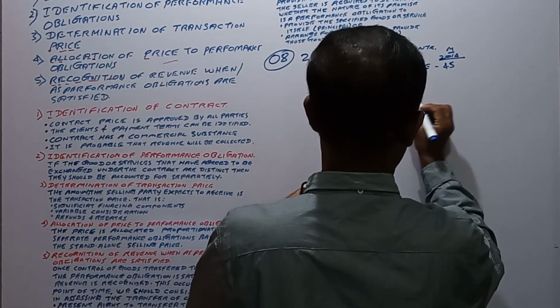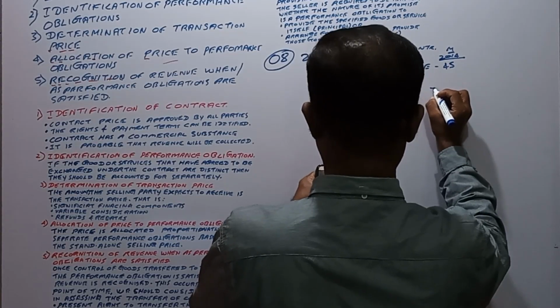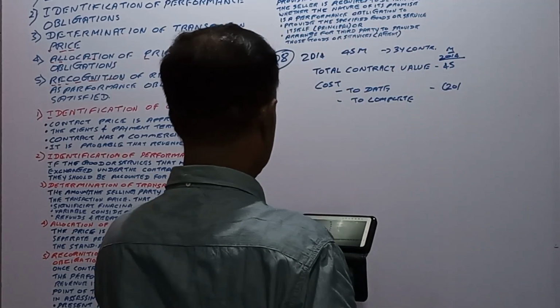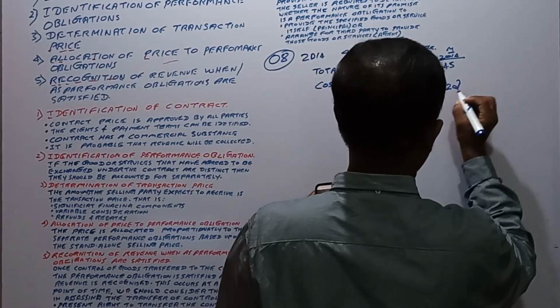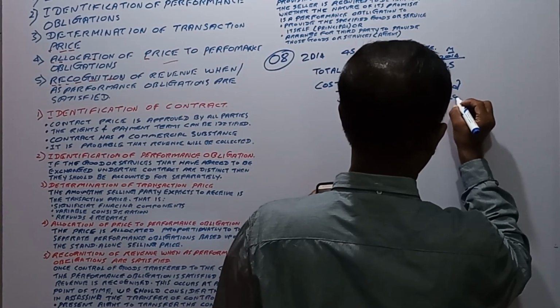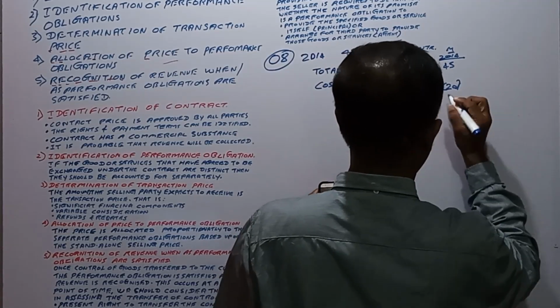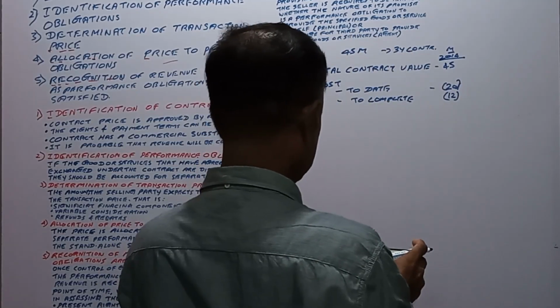Estimated cost to date is how much? 20 million. You have to deduct it. Cost to completion is 12 million, sorry, 12 million.